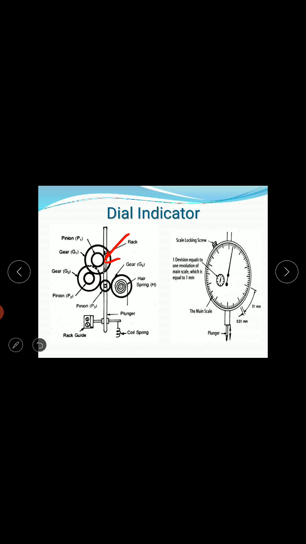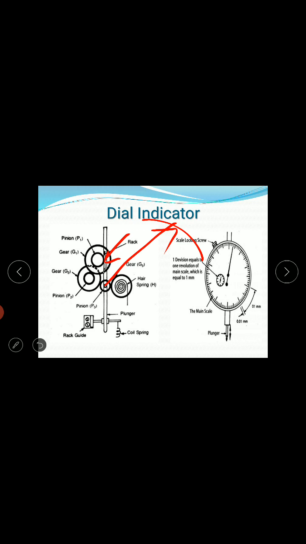Next, gear 1 is connected with pinion 2, and again pinion 2 and gear 2 both lie on the same shaft. After that, gear 2 is meshed with pinion 3, and on pinion 3 there is a pointer which slides over a calibrated scale.